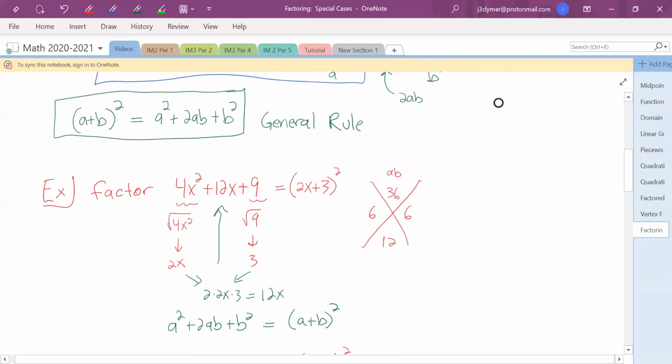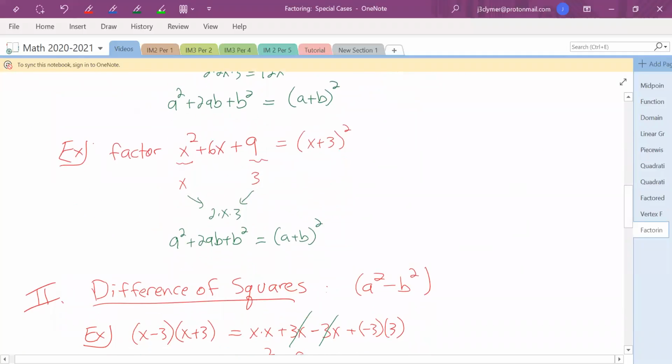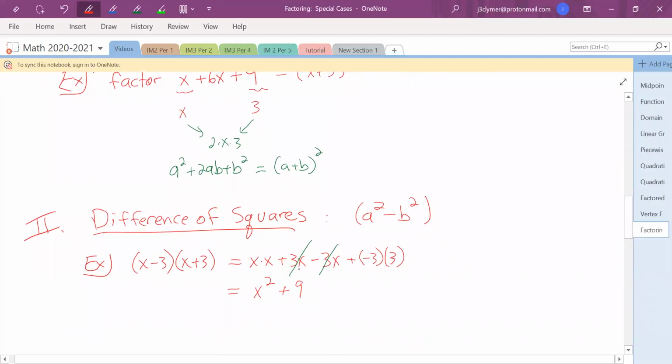This is similar, except the terms are the same but one is positive and one is negative. So instead of getting 2ab, we get 0ab, because they cancel out. They are identical, but opposite in sign. And the other difference is that your final term here is going to be, oops, I said plus 9.